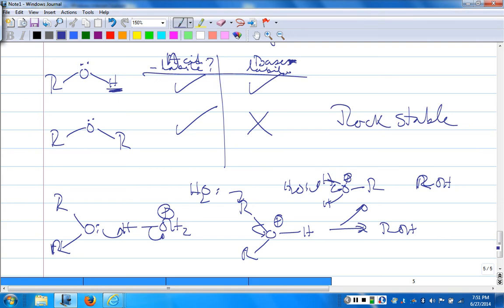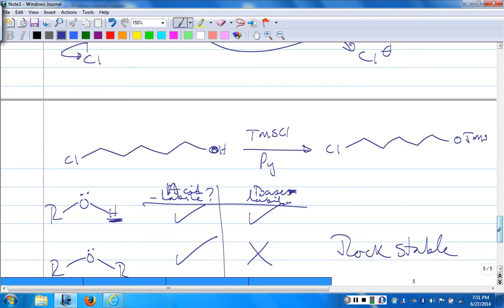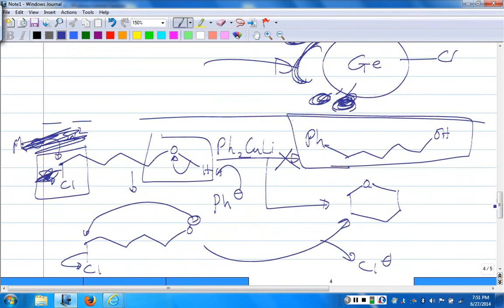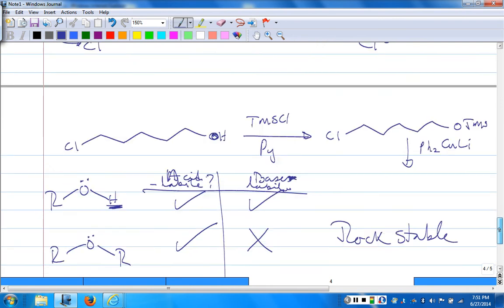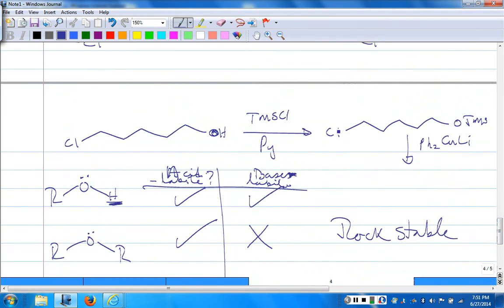And why is that important? That's important because once I have made my alkyl silyl ether, my derivative of the alcohol, I can now treat this molecule with lithium diphenyl cuprate. And unlike the alcohol that provided it two targets, the ether provides it with one target, just that one.